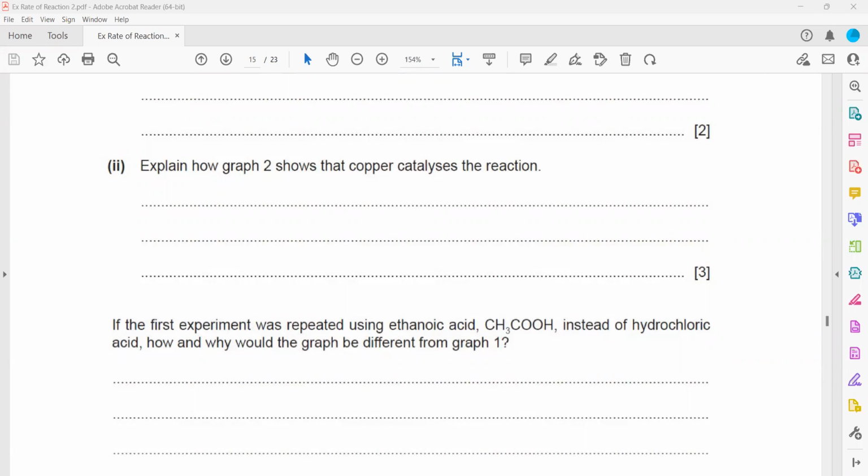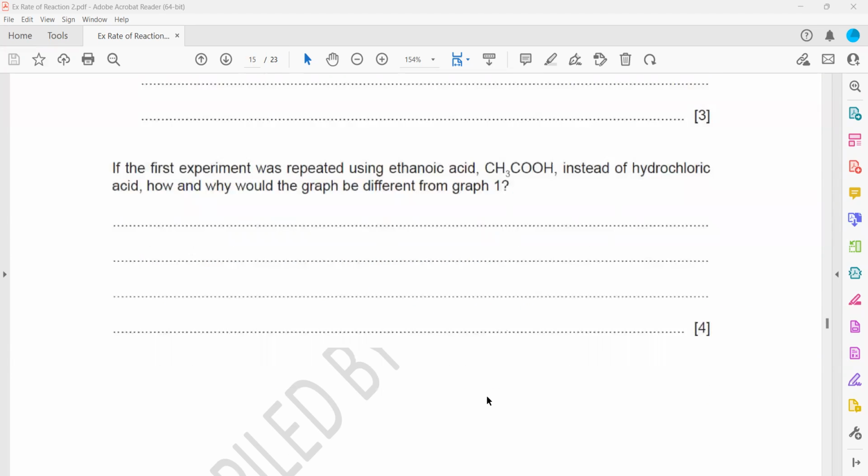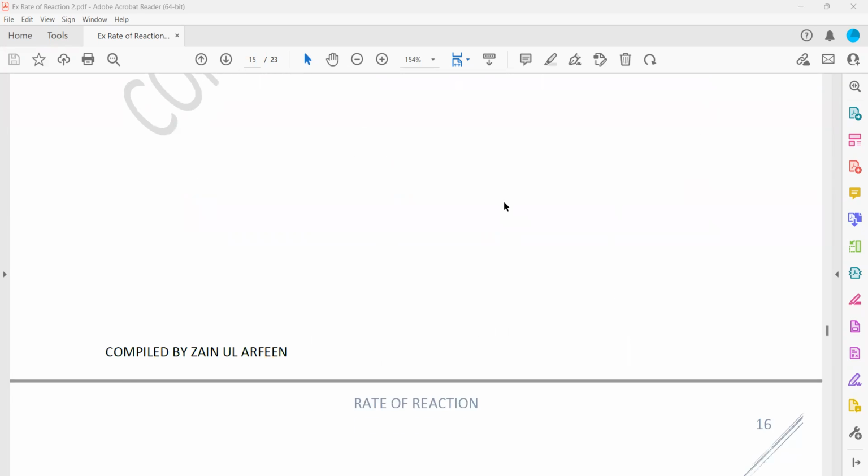So that is causing ionization in the weak acid. But in strong acids, the ions are already there, so instantly they will react. But for weak acid, the molecule first breaks into ions and then reacts, so it takes longer time.